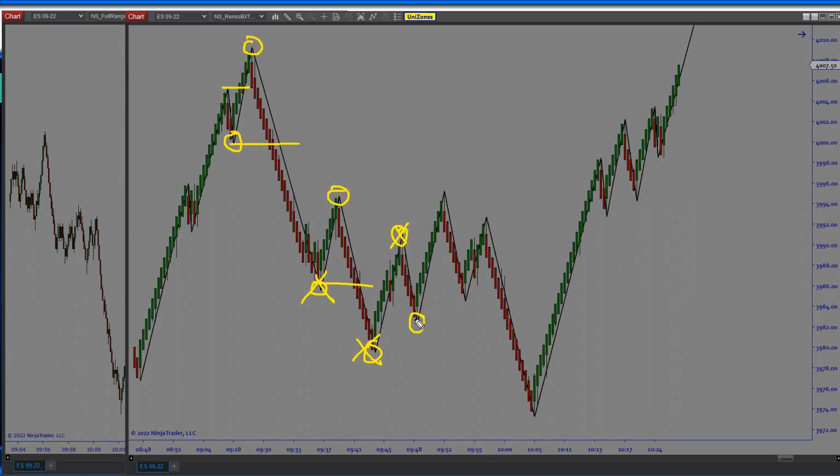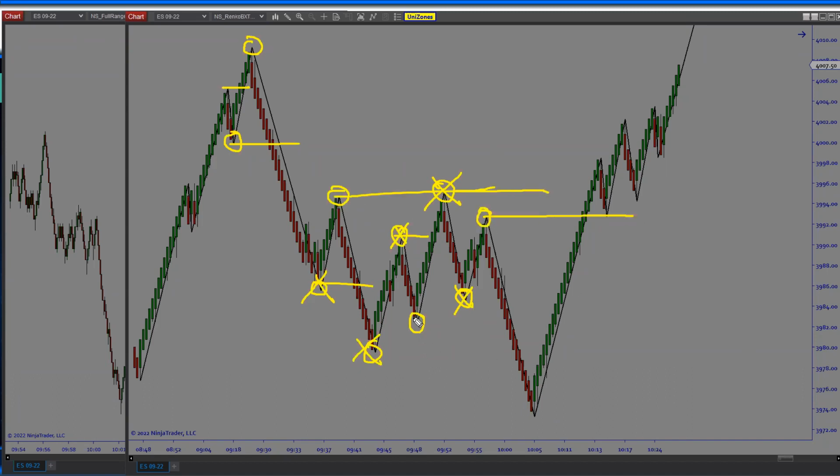And I'm just going to identify all of these. This pivot went on to break structure. This pivot did not. Think of it this way: the job of this pivot is to go on and break structure. If it does not do that, these are going to be where we are going to find weak support or resistance versus strong support or resistance.